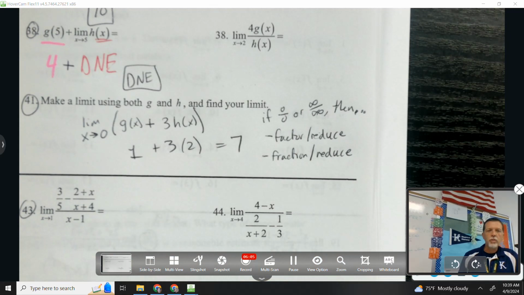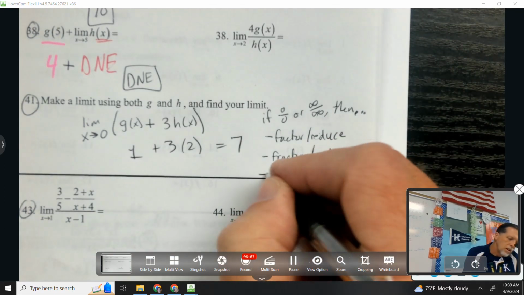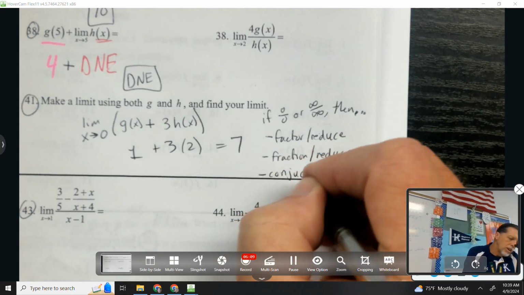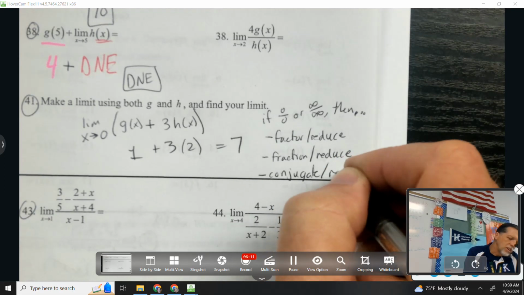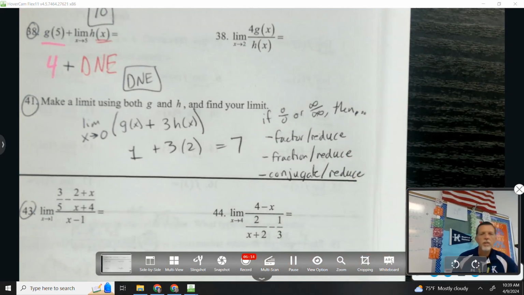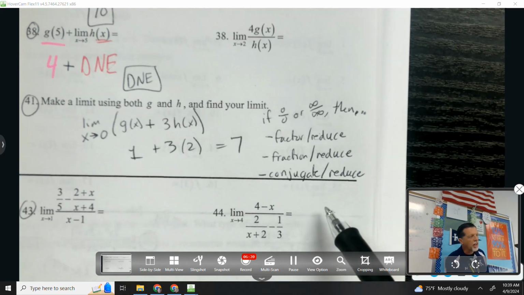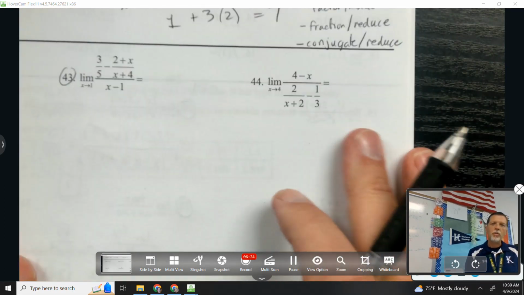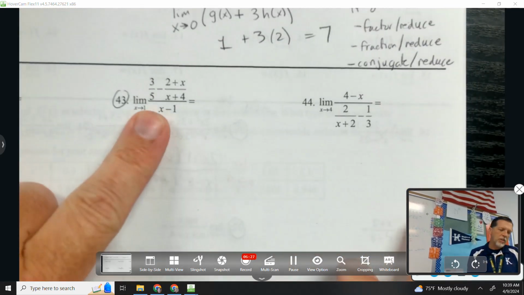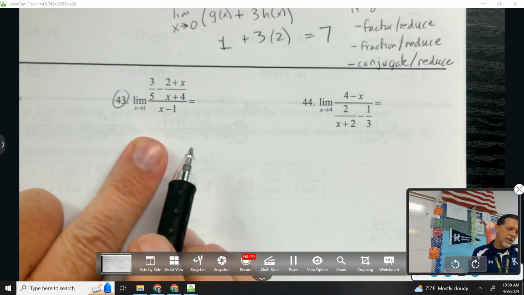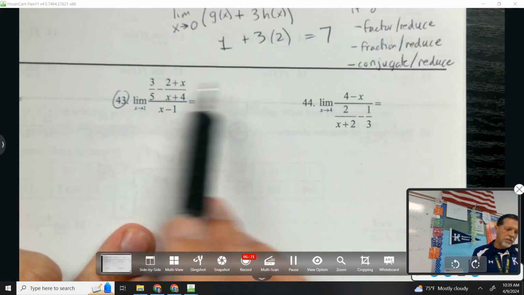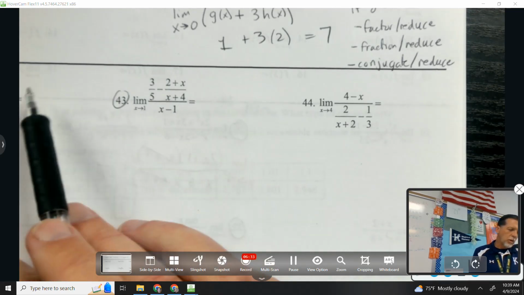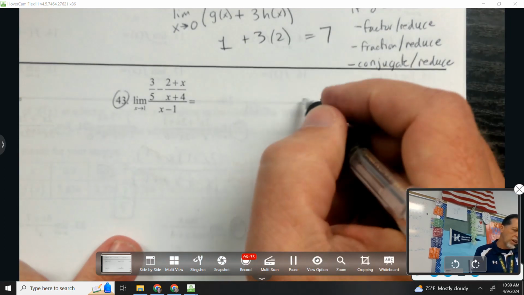That's what we're about to do with number 43. And lastly, you can multiply by the conjugate and eventually reduce. But it always starts with substitution. You get 0 over 0, then you got to use one of our techniques. And usually, maybe even more than usually, maybe like always, you know which technique to use because it's not tricky. Uh-oh, I almost did not do the third one there. So we're going to skip 42 and 43 and do 44.